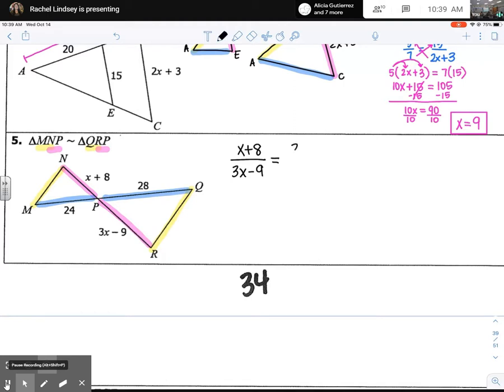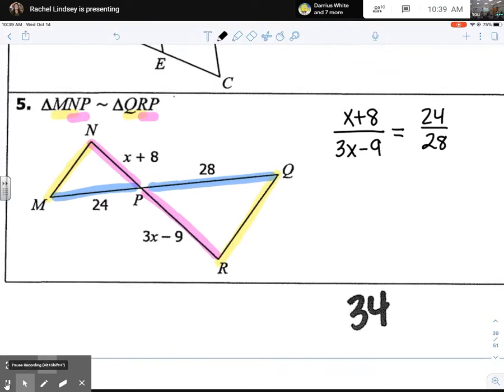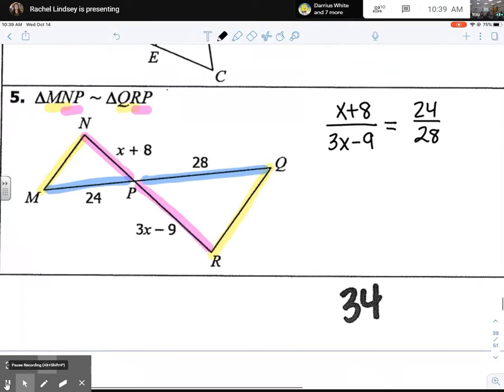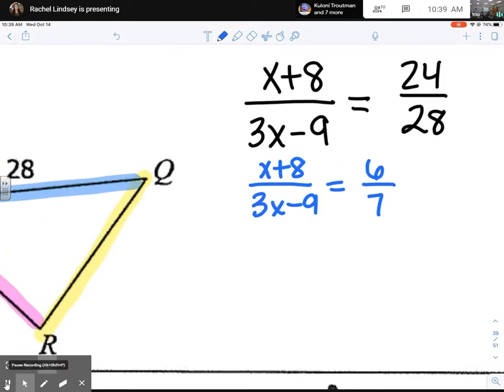So 24 over 28. Okay, and I reduced my fraction, 24 over 28, to 6 over 7.